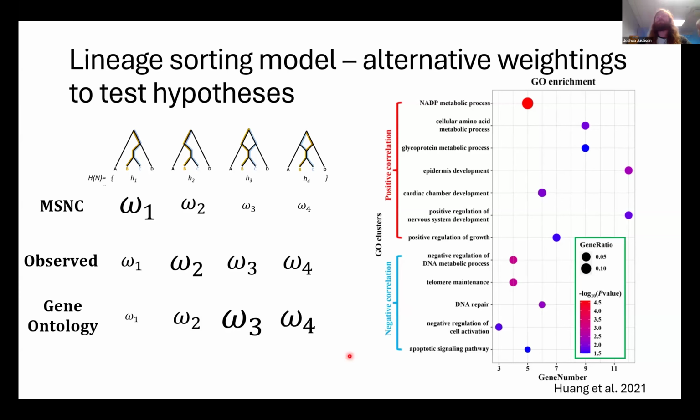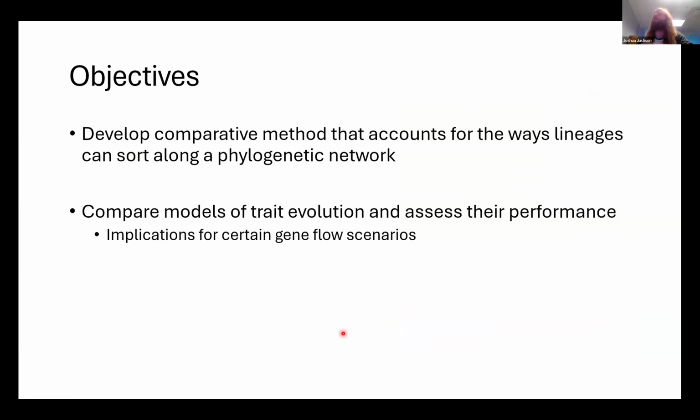And so we might use the lineage sortings from genes that are going to be related to carnivory to make a new weighting and kind of test this hypothesis of how much these genes might affect this trait. And so we have a flexible model here that considers the various ways lineages can sort along the network.